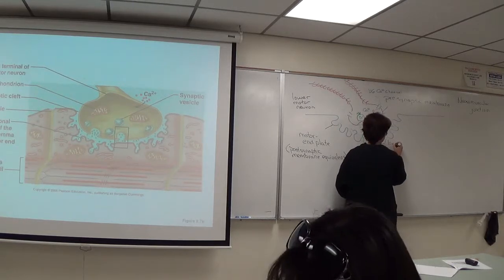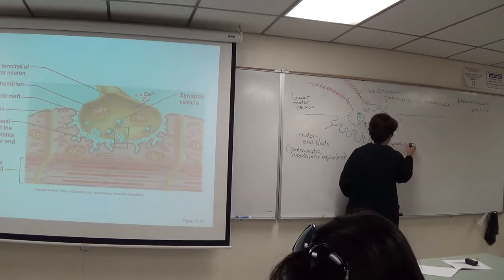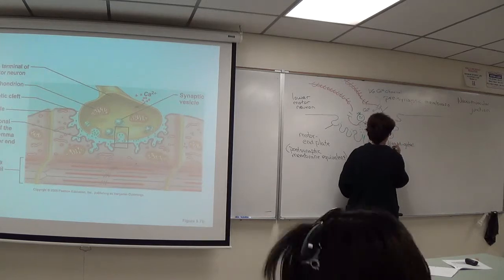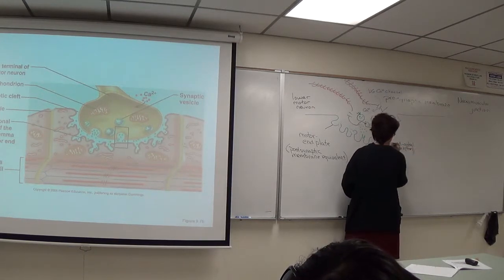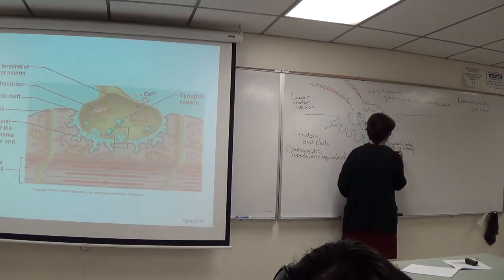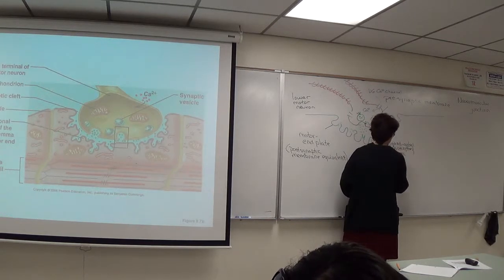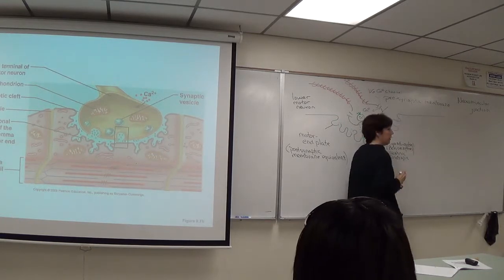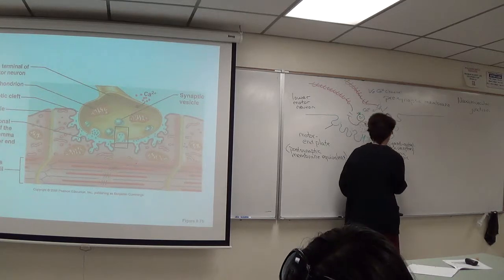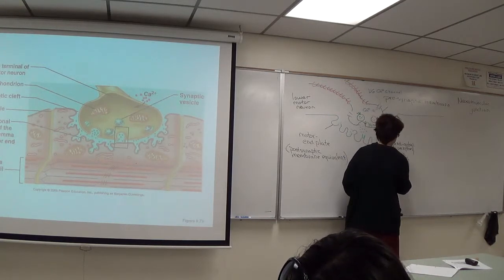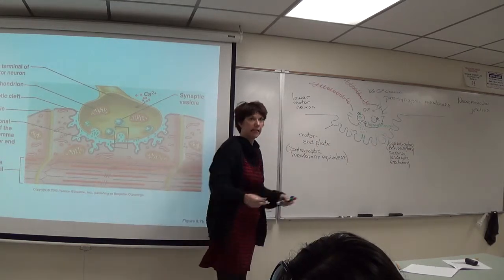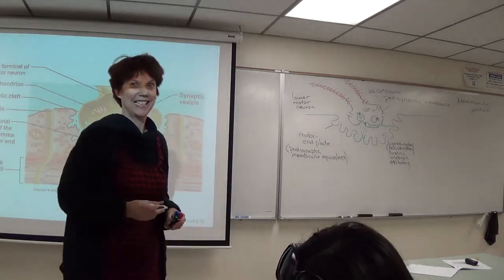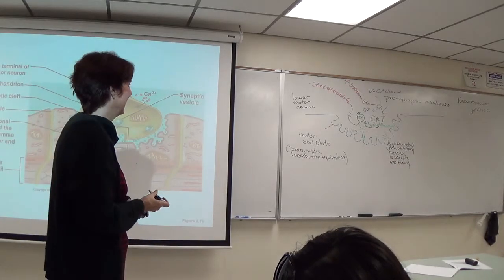So ligand gated acetylcholine receptors, nicotinic, meaning they are ionotropic. Excitatory or inhibitory? Excitatory. See all that stuff that you know already now? Took us a long time to get here, but once we're here.